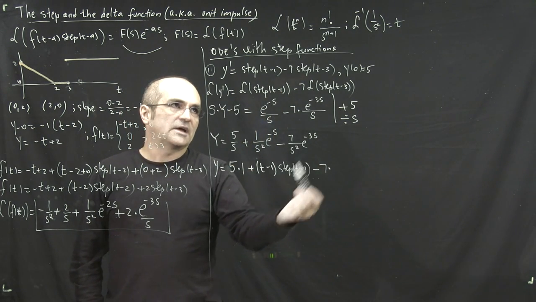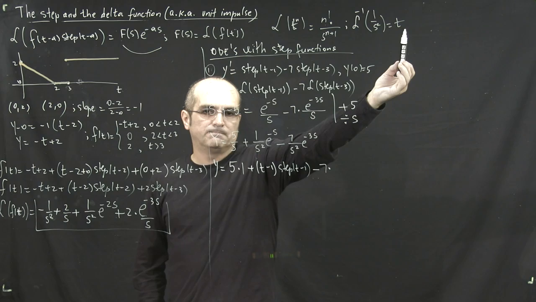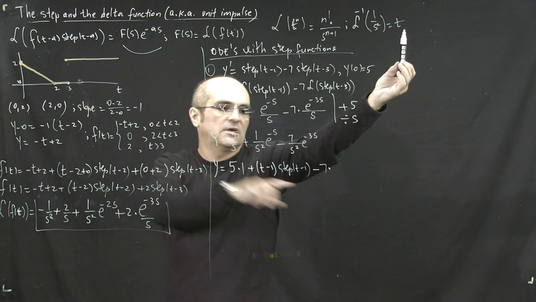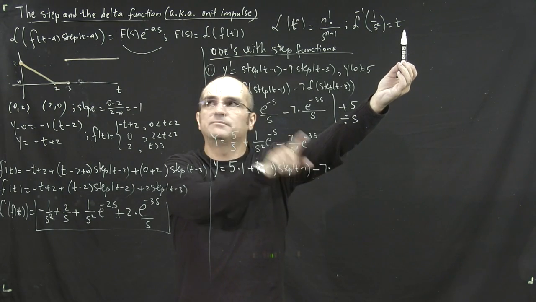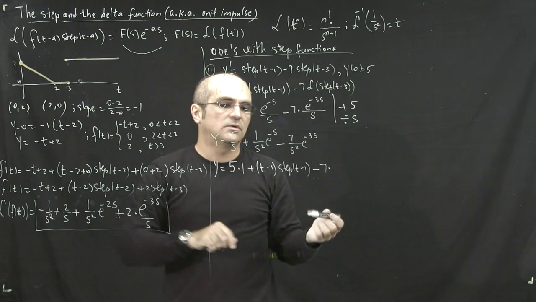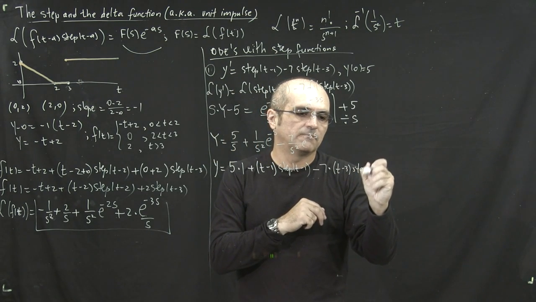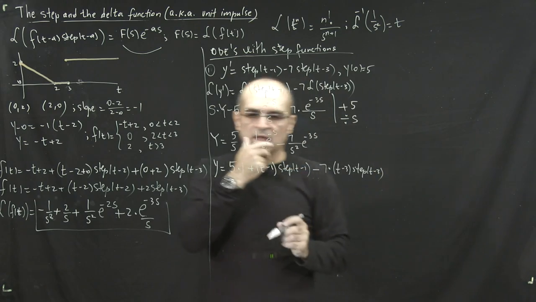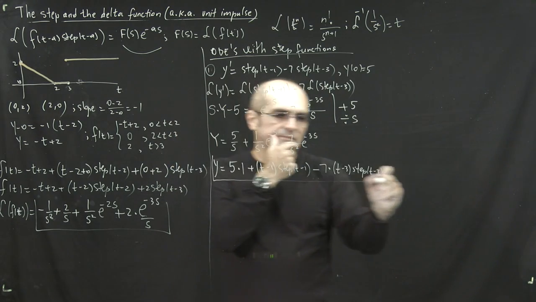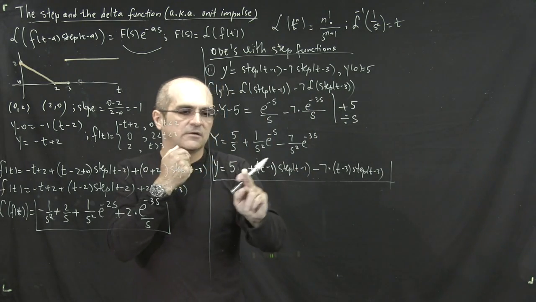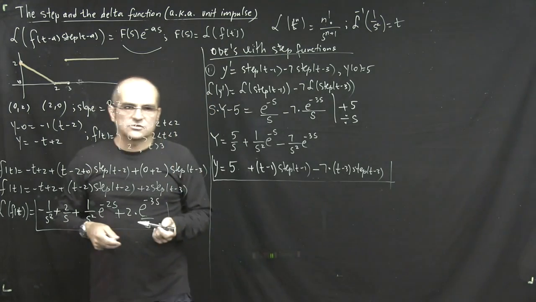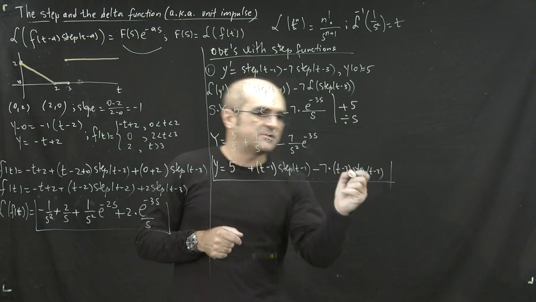The inverse of 1 over s squared again is t. Substitute t with t minus 3, when you write it like this. So (t minus 3) step(t minus 3). And this is your answer: 5 plus (t minus 1) step(t minus 1) minus 7 (t minus 3) step(t minus 3).